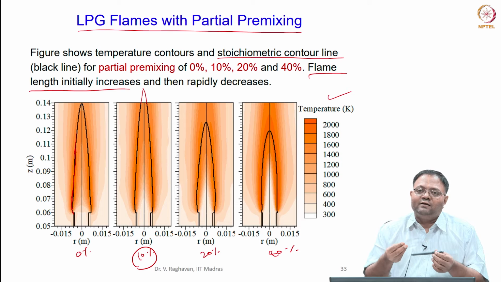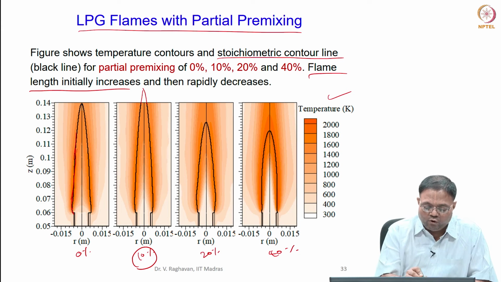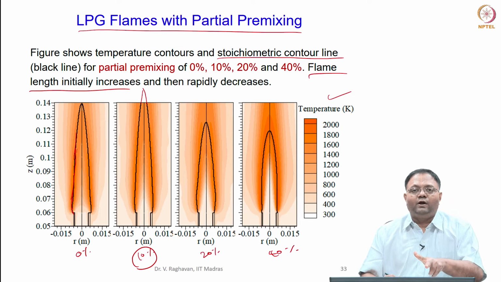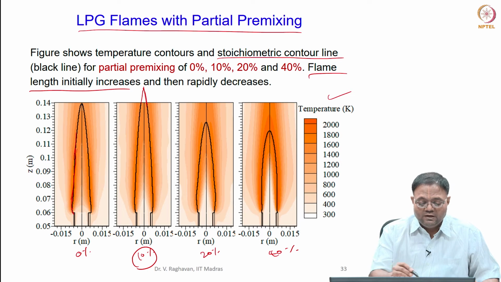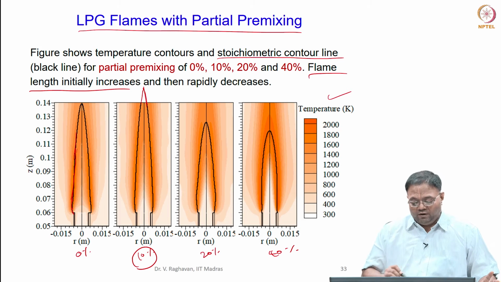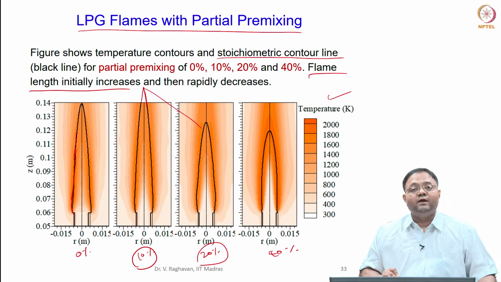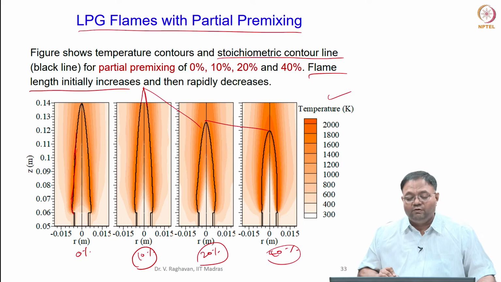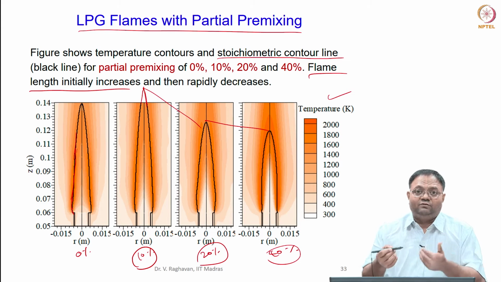Because the air is not sufficient, the oxygen is not enough to burn within this zone, and the flow rate is also increased. So, due to the effect of increased flow rate and limited oxygen available, the flame length slightly increases initially. However, when you increase it to 20%, a drastic reduction happens in the flame height, and at 40%, again there is a reduction. This is the important thing we should understand about the characteristics of the flame.